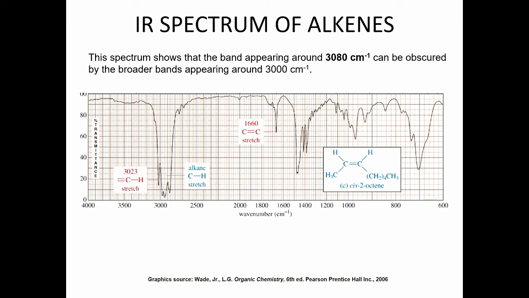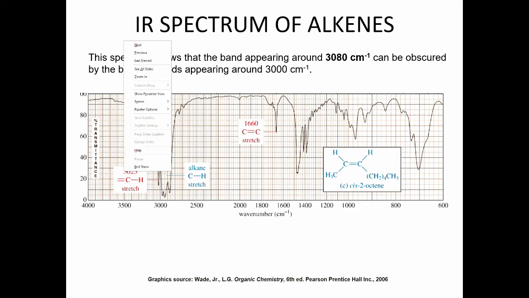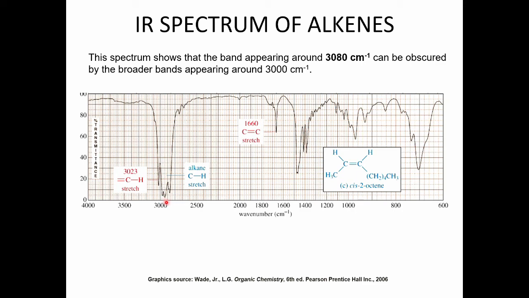So here you can see that depending on the spectrum, the peaks can be a bit obscured by some of the broader bands. So we can see that when we look at our carbon-hydrogen stretch, most of the peak is definitely below 3000, and we can see this little tiny peak here.